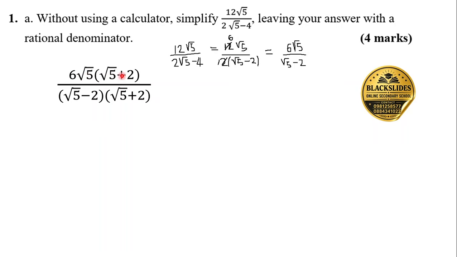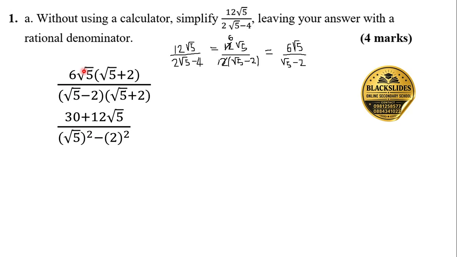So expanding the top there, 6 root 5, remember that root 5 times root 5 is just 5. The root symbol disappears. So 6 root 5 times root 5 will give us 30.